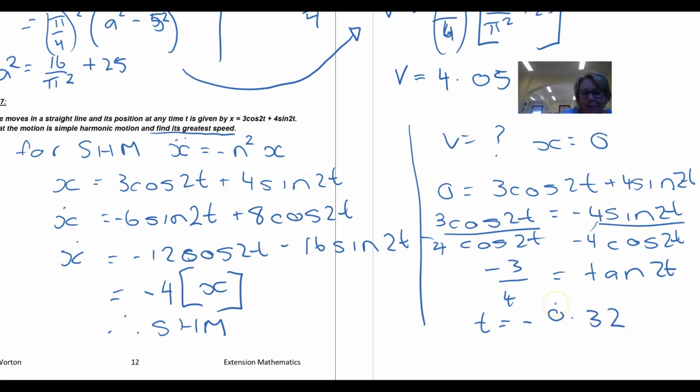I can't have that because it's a minus, so I have to look at the next revolution. So in all stations to central, it's here. When is the next revolution? Where it's a minus, it's here, so I have to add pi to get the answer, which is 2.82 seconds.